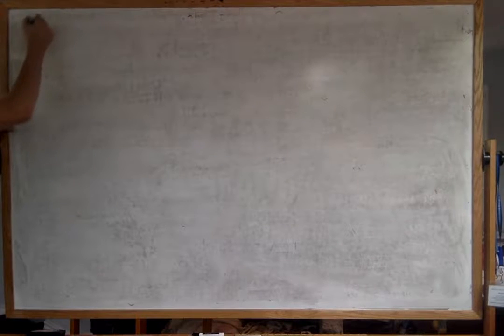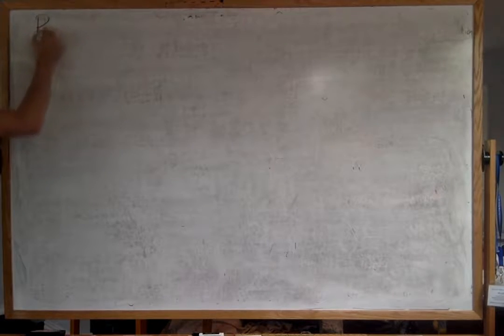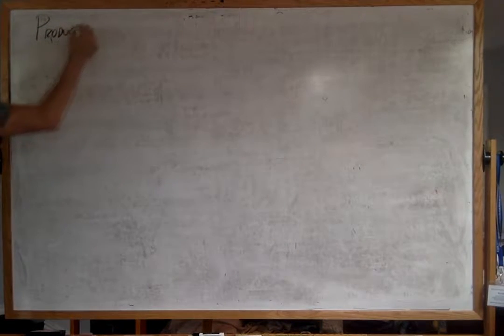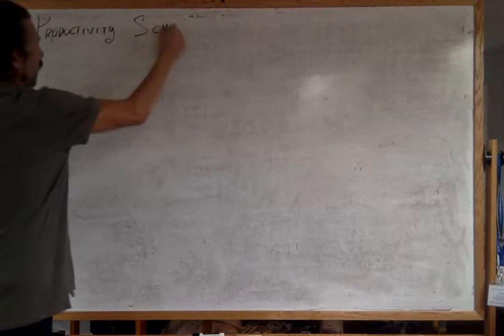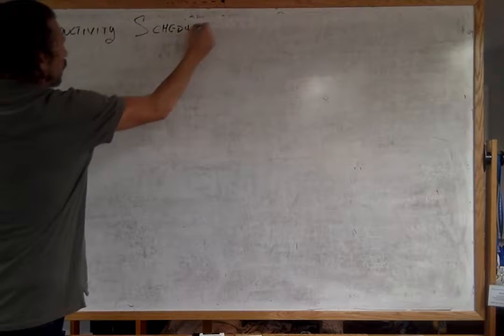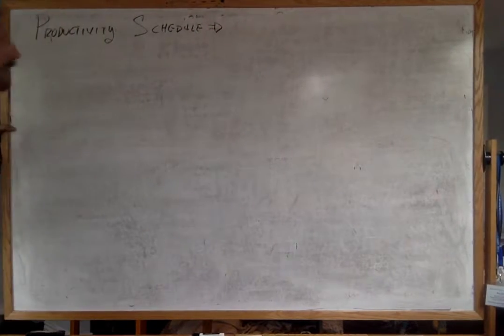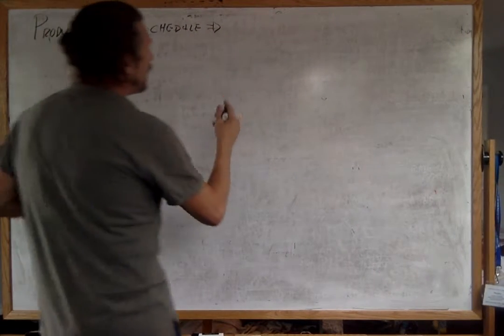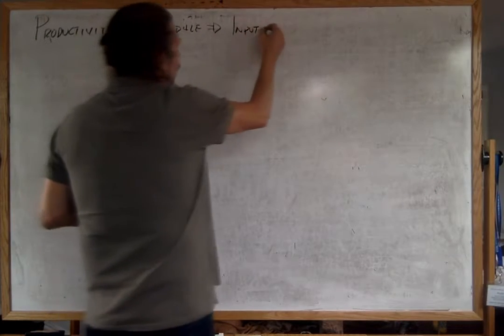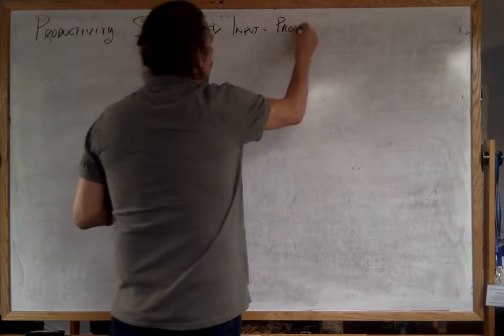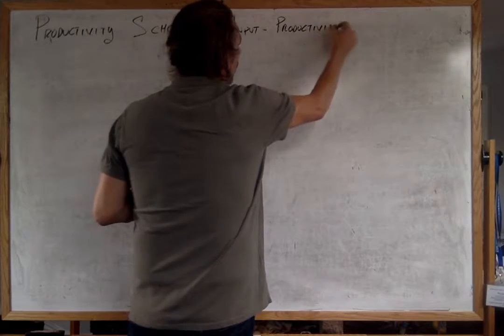Again, we haven't introduced any relations of distribution or growth, but we have our productivity schedule. And our productivity schedule is going to be drawn in input productivity space, if you want to call it factor input productivity or factor productivity space.